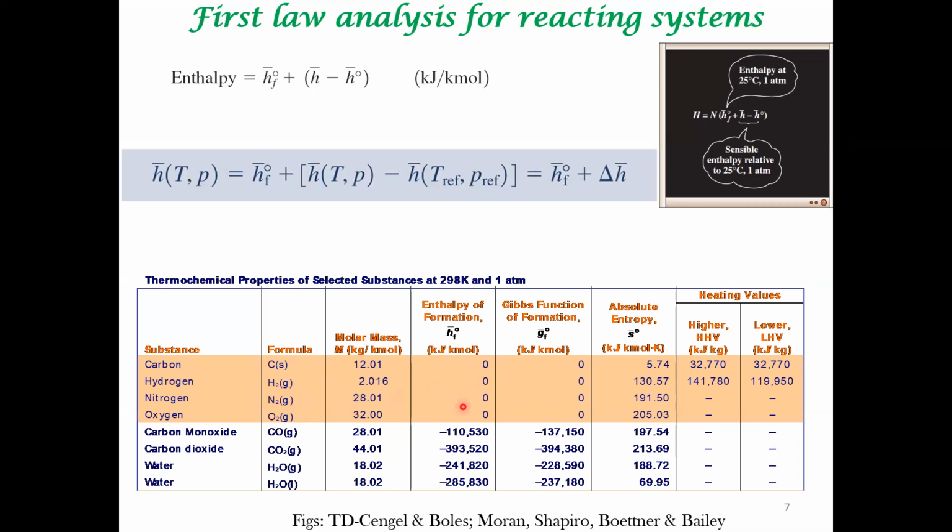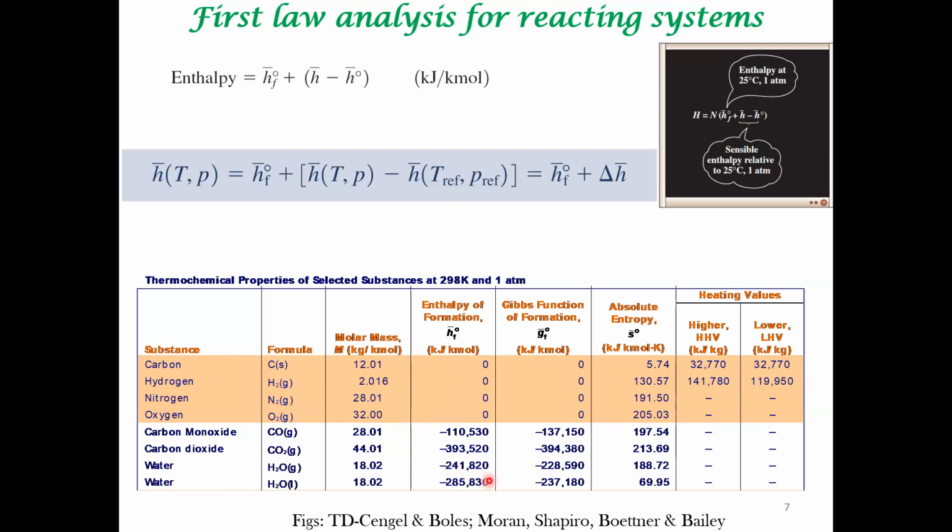Same thing with nitrogen. Nitrogen in the most stable form, which is the gaseous form, at 1 atmospheric pressure and 25 degrees centigrade, is given a value of 0. If you are talking about a monatomic nitrogen atom, that is less stable than N2 gas, so that will be given a positive value. Same thing for oxygen gas also.